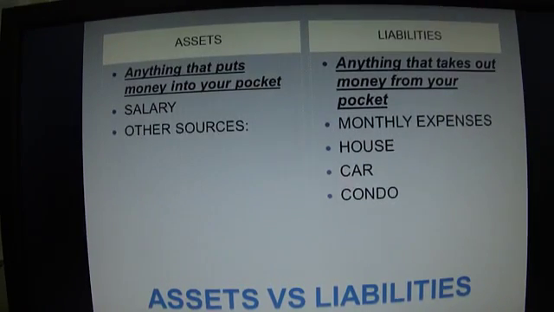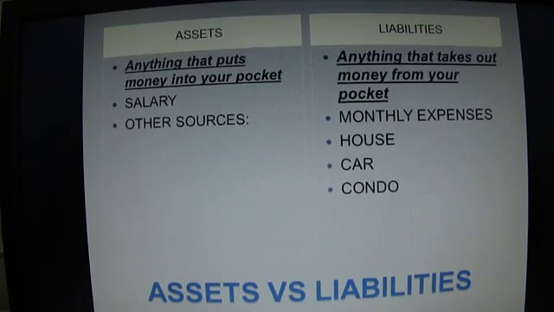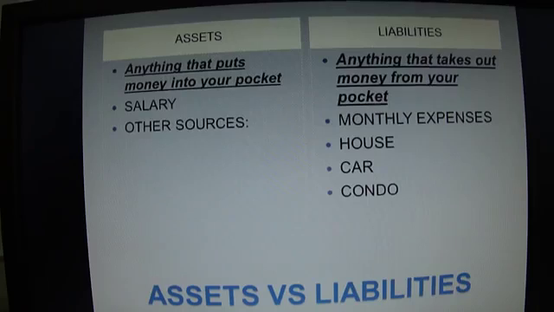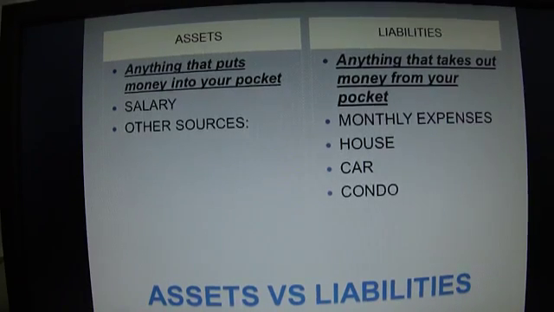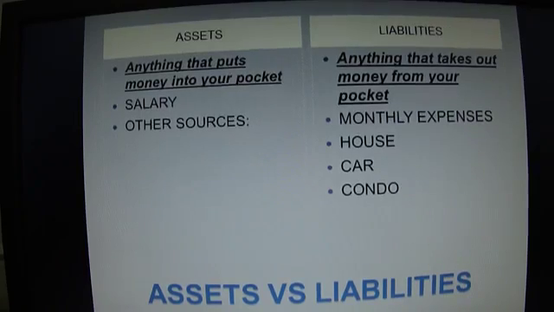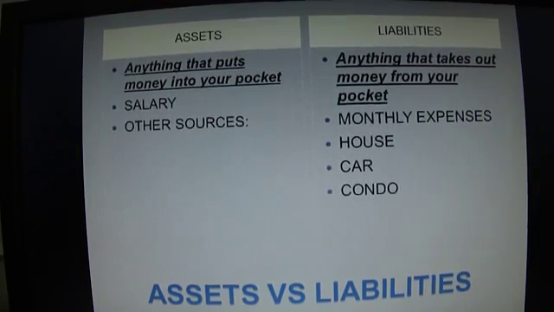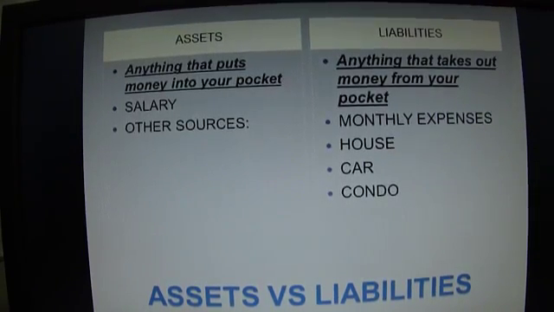Remember that cash flows out continuously as long as you have liabilities, and cash flow in is interrupted if you have limited assets. I am not saying you do not buy a house, car, or any wonderful things in life. What I am saying is that we first build our assets wherein cash is flowing in before buying liabilities.